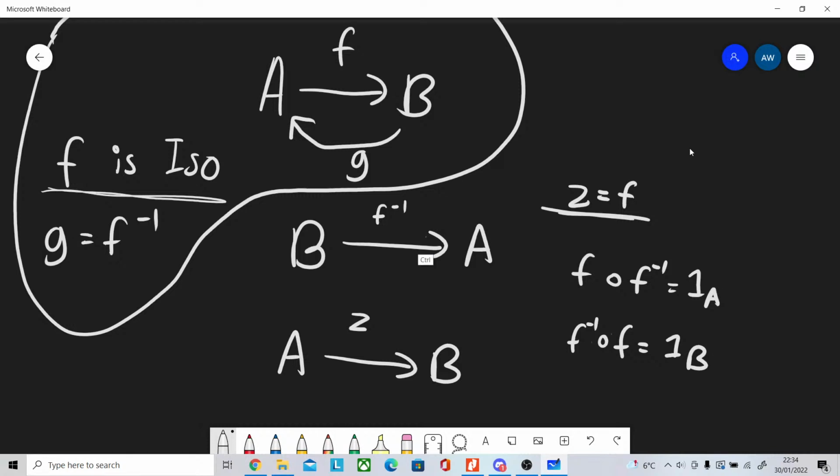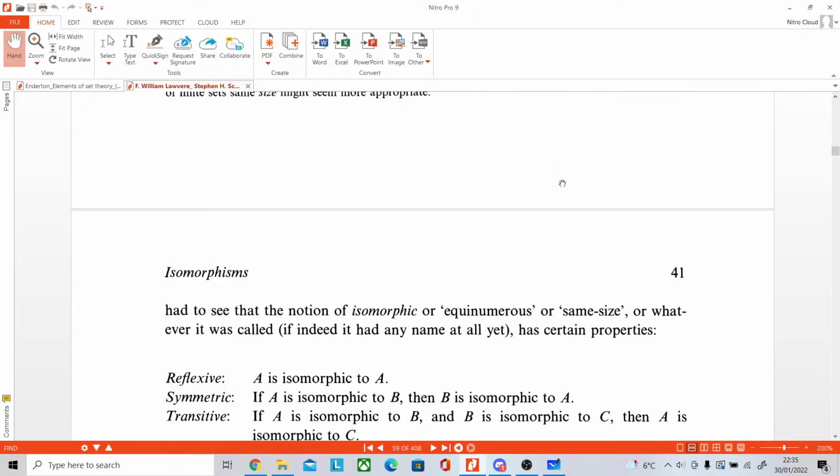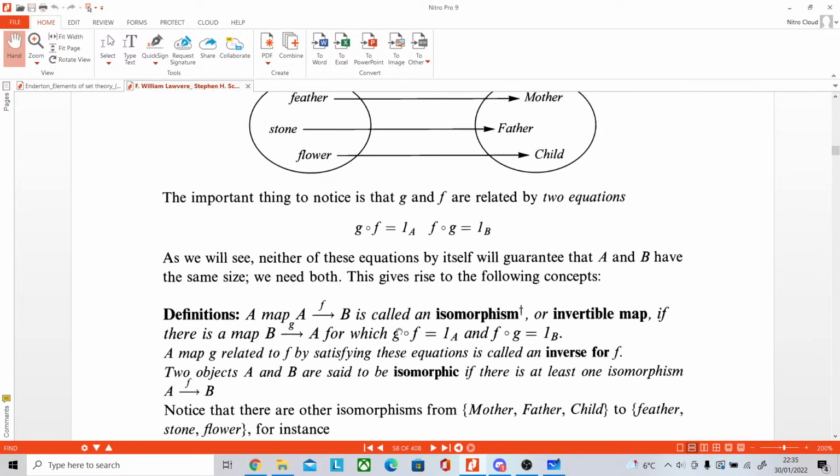Wait a minute. Did I do something wrong? Oh yeah, I forgot to read from right to left. So reading from right to left, this is the same as G, this is the same as G. So if you look back at the definition, F is the one that we want to check if it's isomorphic or not.